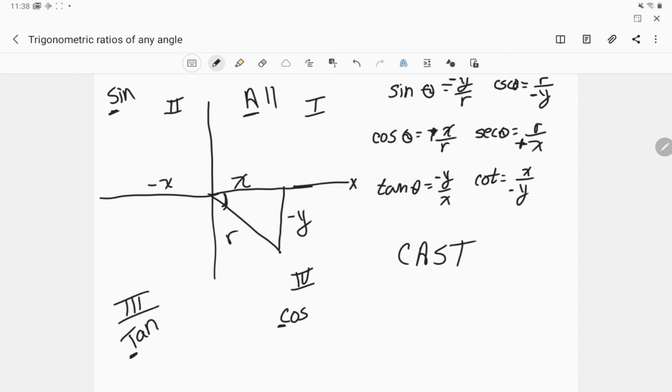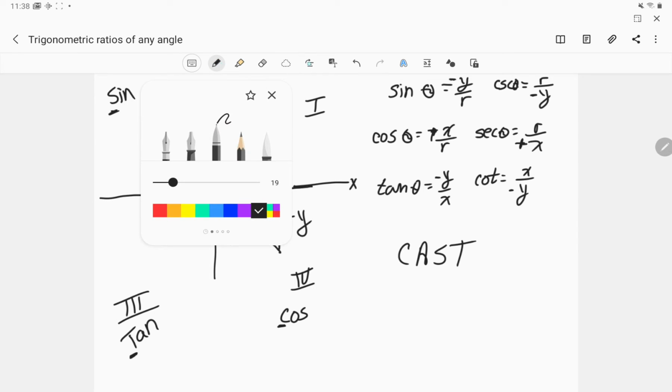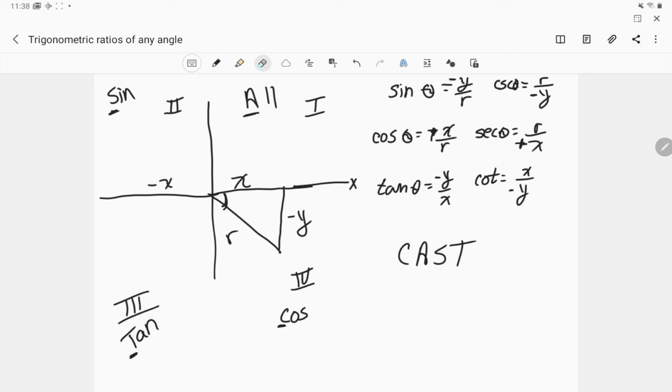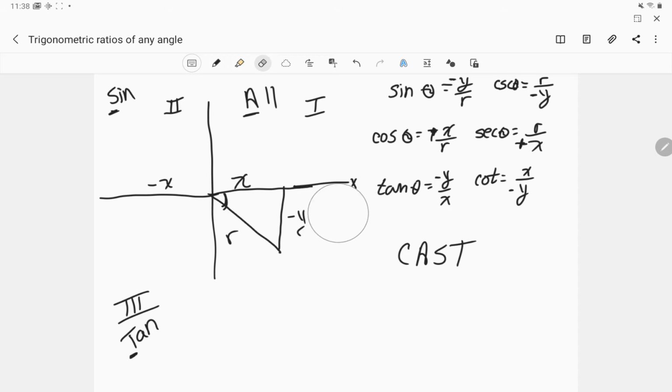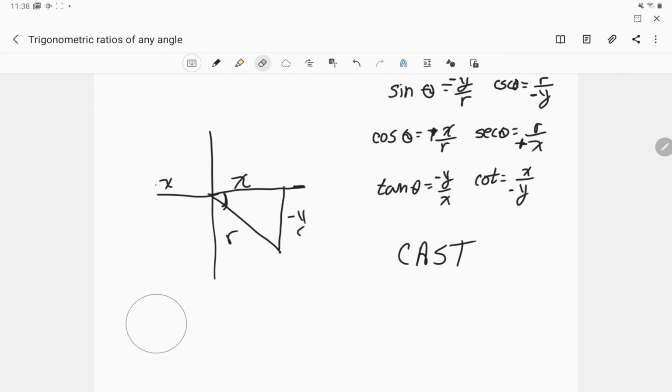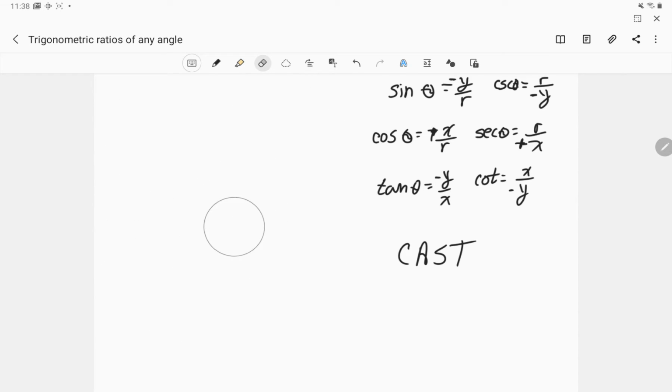All right, so I've given you a lot of information. We're going to look at example 1 on page 195, quadrant 1, example 1 on page 195.